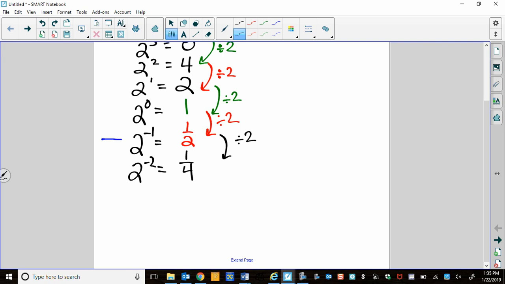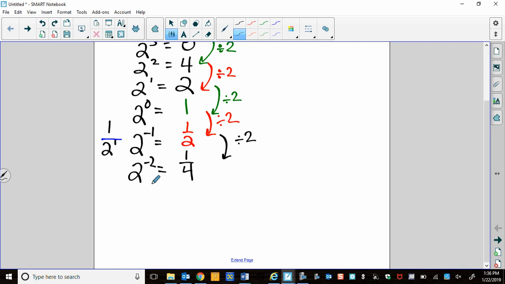In order for me to have this number, I want to push this number that's sitting up here down underneath this fraction bar. So really, that's going to be 2 to the 1st power, all of that over 1. Okay, so 2 to the 1st power is just 2, so that's why we get the answer of 1/2.